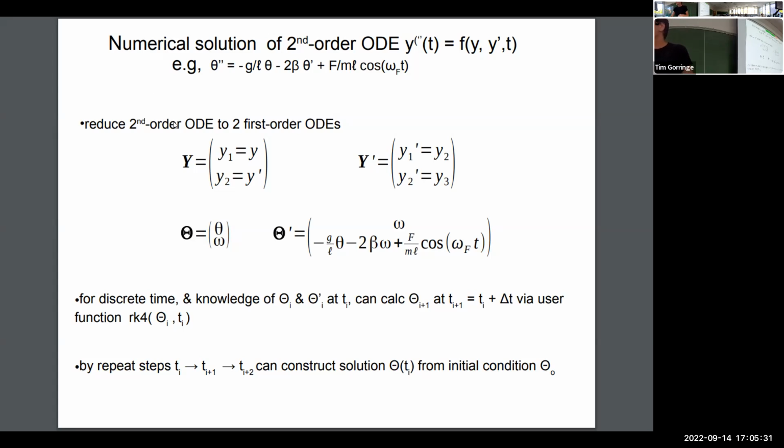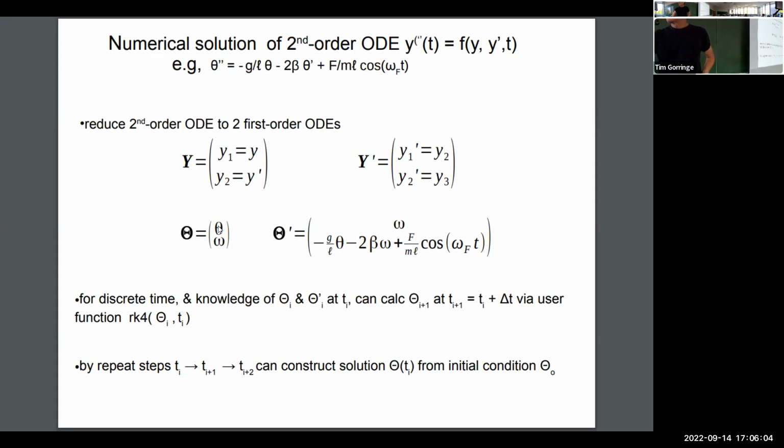So basically, in our code, we're going to build this little column vector of the two dependent variables for our two first order differential equations, and a second column vector for the differentials of those two dependent variables that we're expressing the problem in terms of. So to make it concrete, this is what we'll do for the simple pendulum.